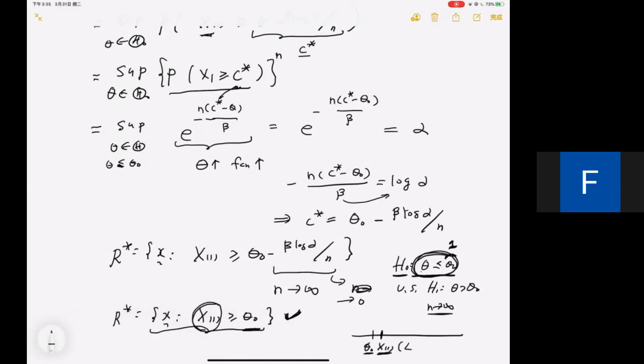Your lower bound already. Because your lower bound is bigger than theta 0, of course the null hypothesis won't happen. That's the intuitive sense of why this region makes sense.